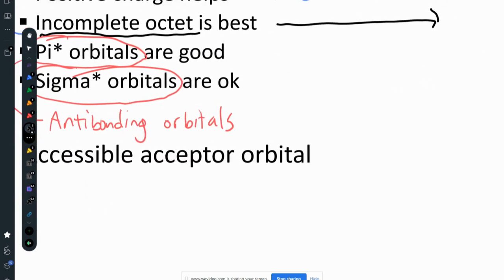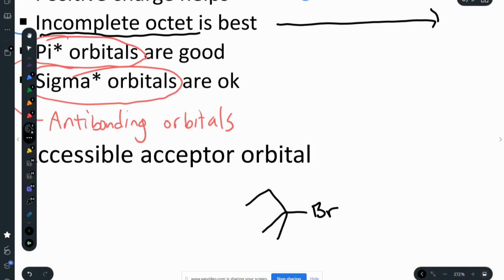If I think about a molecule that looks like this, let's say I have a carbon here that's partially positive, and let's say I have a nucleophile that wants to react with it.